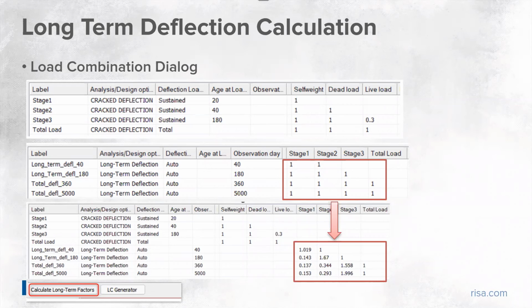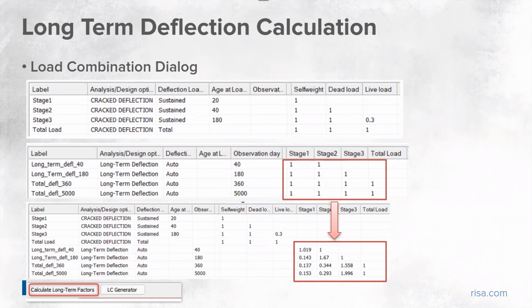So in the first one, 40 days, as you can see, we include the stage one load and stage two loads, which will be our self-weight and dead load. And then in the 180 days, we will include the additional live load, and then the 360 days, we will include the total load, and then 5,000 days will be the total load as well.